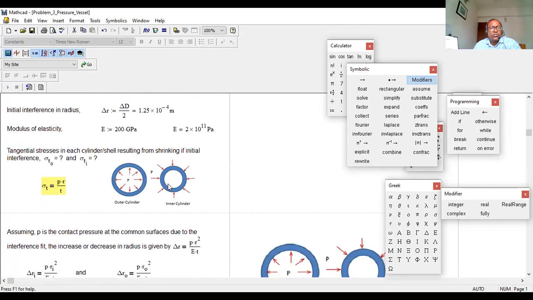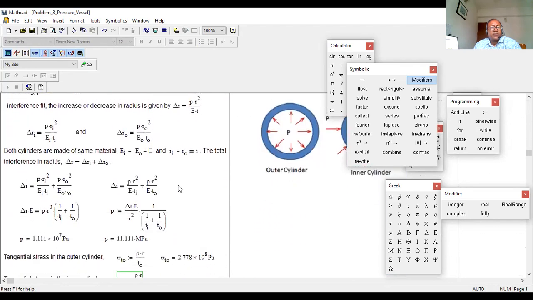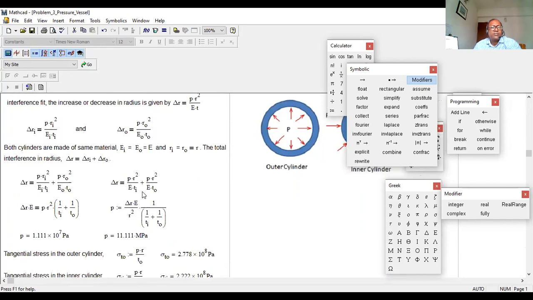So you put the formula over here. Value of E is given, delta R given in diameter divided by 2, we got the delta R. So from this equation, just rearrange the equation, you figure out the value of P. Then you got the value of P is this much megapascal.